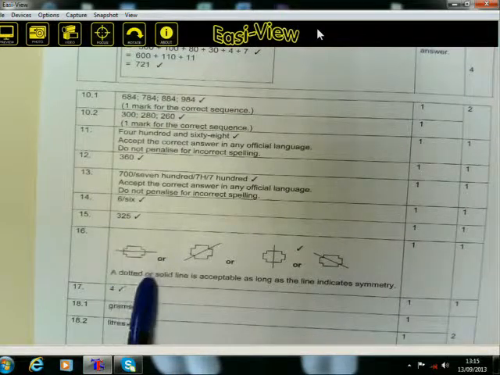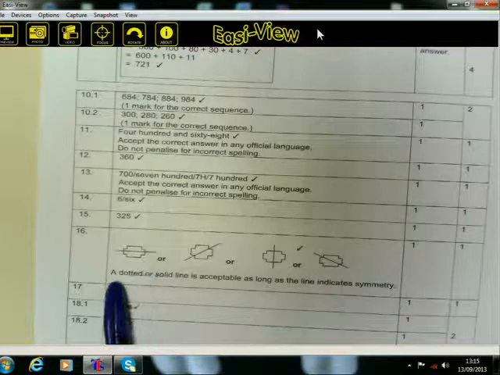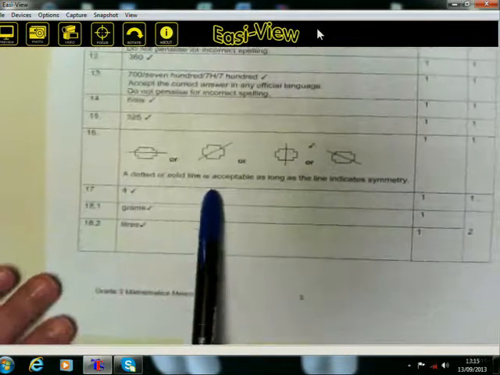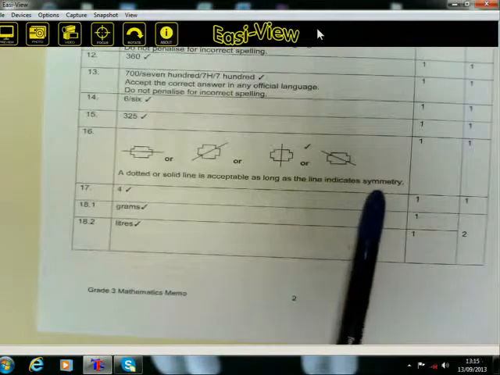Number 16, draw 1 line of symmetry on the following shape. Now here it's quite clear, a dotted line is acceptable as long as the line indicates symmetry.